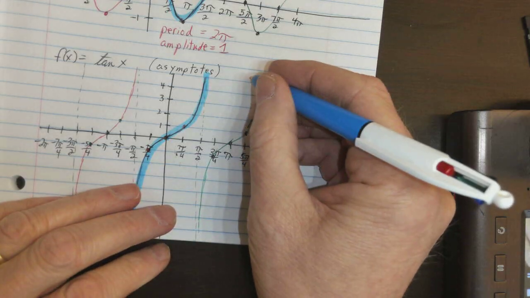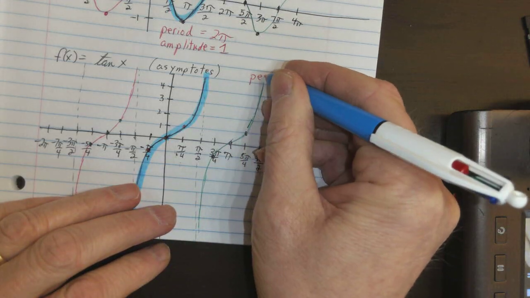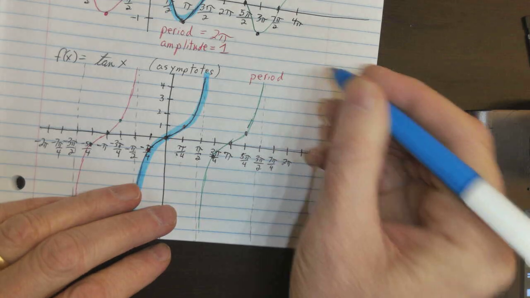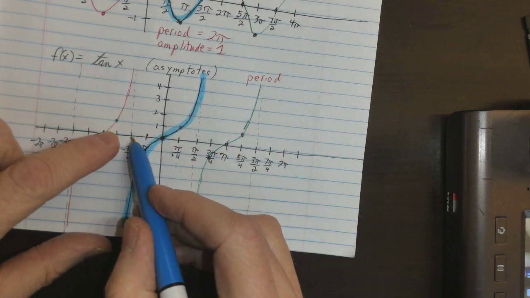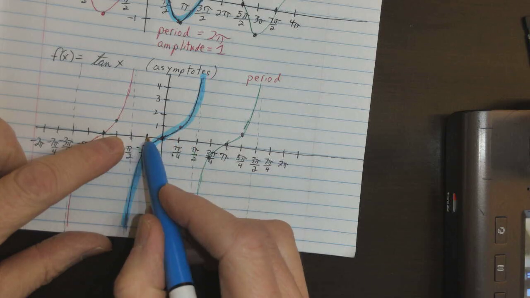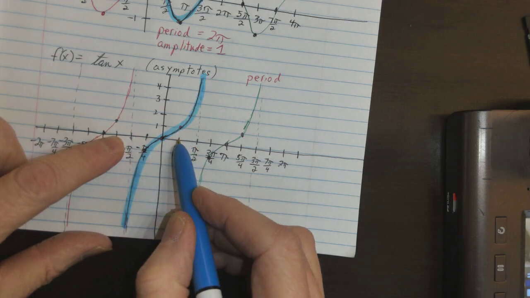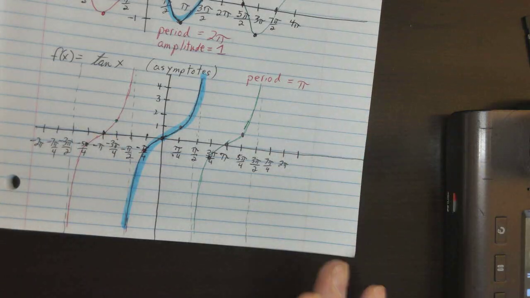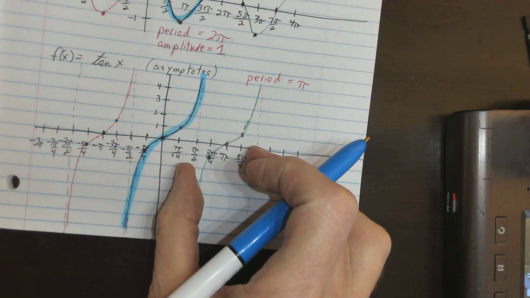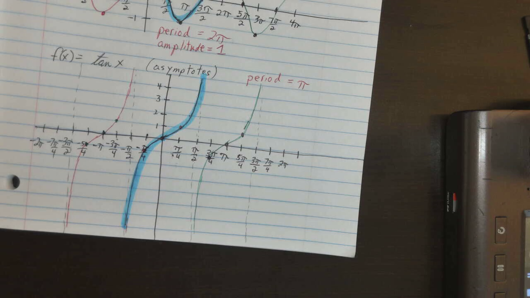The period, because notice I went by pi over 4s. 1 pi over 4, 2 pi over 4, 3 pi over 4, 4 pi over 4. The period of a tangent function is pi. Every pi units we are repeating.